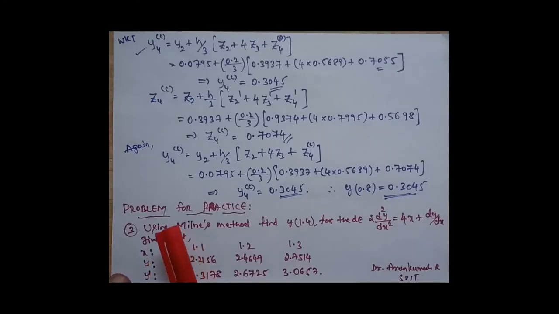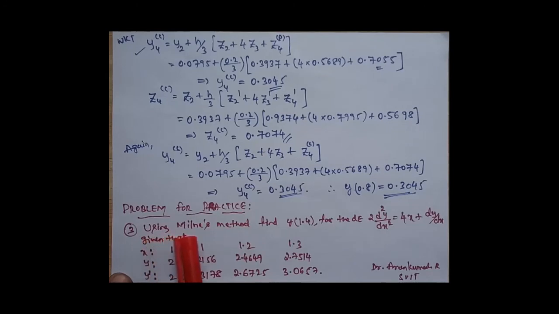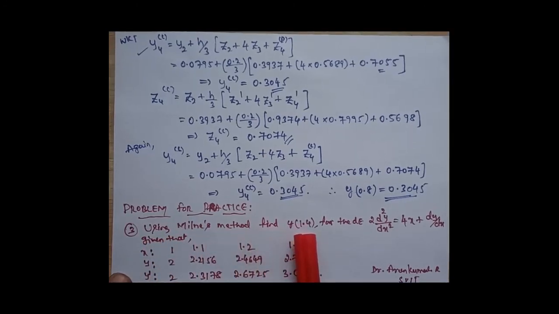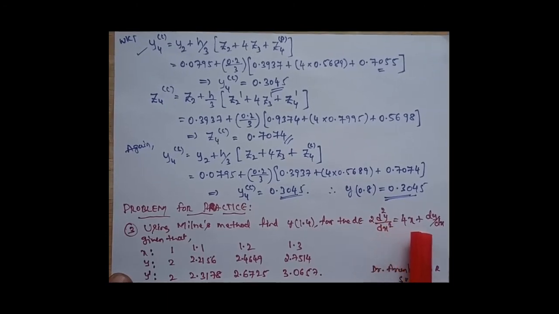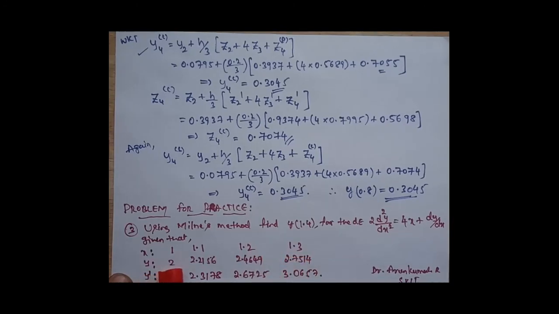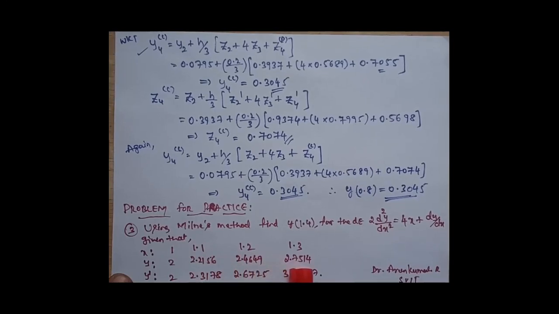You can practice this problem. Using Milne's method, find y of 1.4 for d square y by dx square equal to 4x plus dy by dx, given that the x values are 1, 1.1, 1.2, 1.3, y values are 2, 2.2156, 2.4649, 2.7514, and y dash values are 2, 2.3178, 2.6725 and 3.0657.